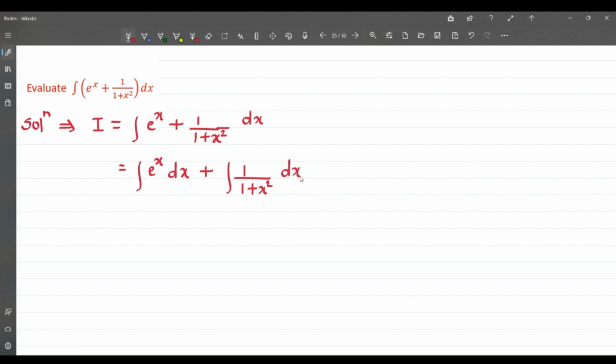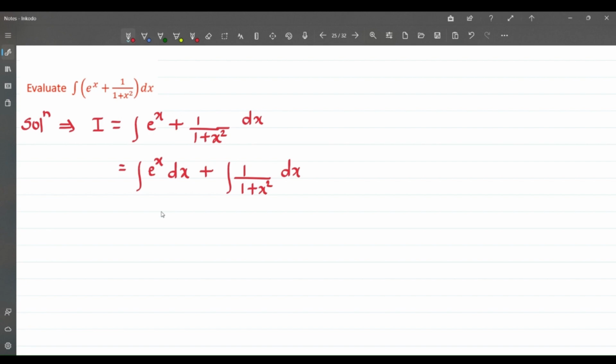In the standard formulas, we have a formula for this. I will show you the integration of e raised to x dx. You can see in the sixth formula, e raised to x dx is e raised to x plus c, while in the 17th formula, integration 1 upon 1 plus x square is tan inverse x plus c.